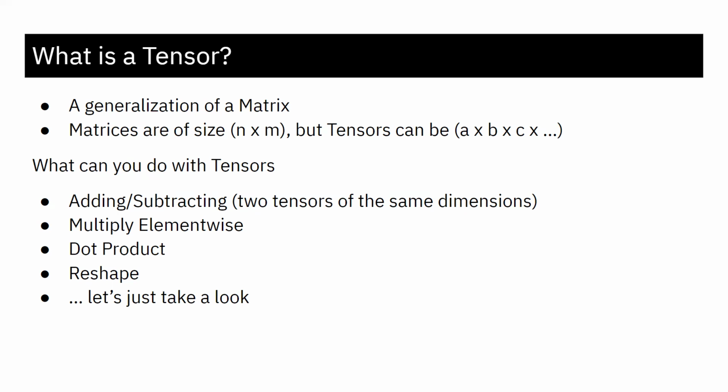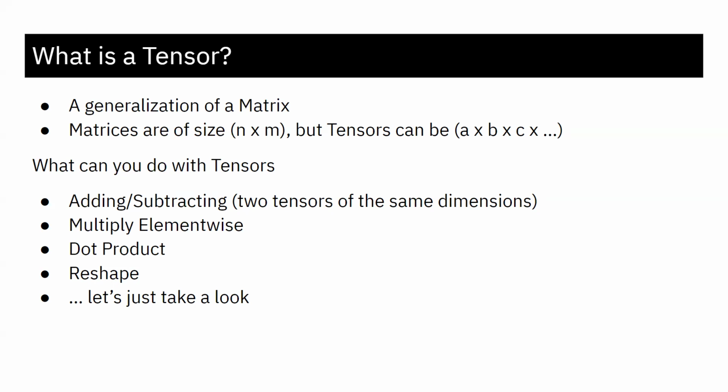A tensor is kind of just a generalization of a matrix. If you have a bunch of matrices stacked together, instead of just a grid of values, imagine a cube of values, you'd call that a tensor. They're neat for a bunch of reasons. One easy example is representing images.